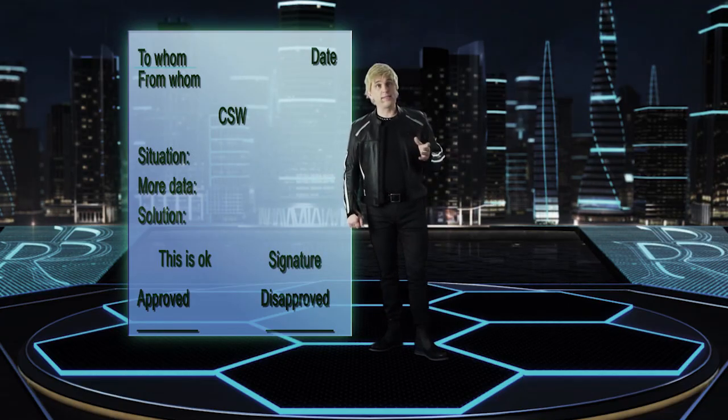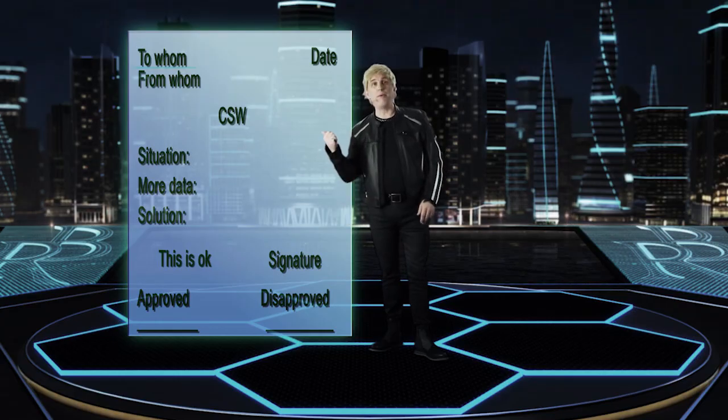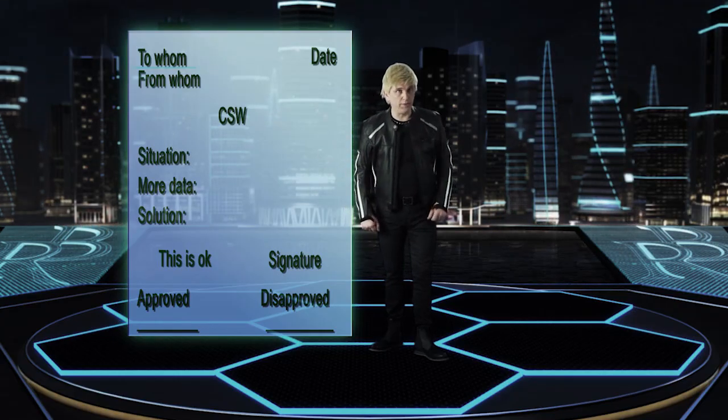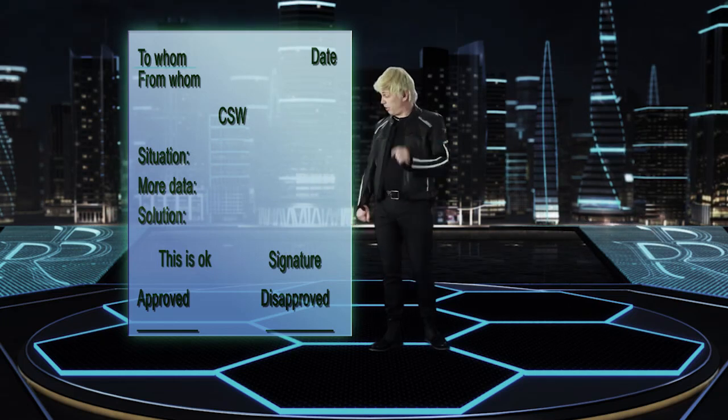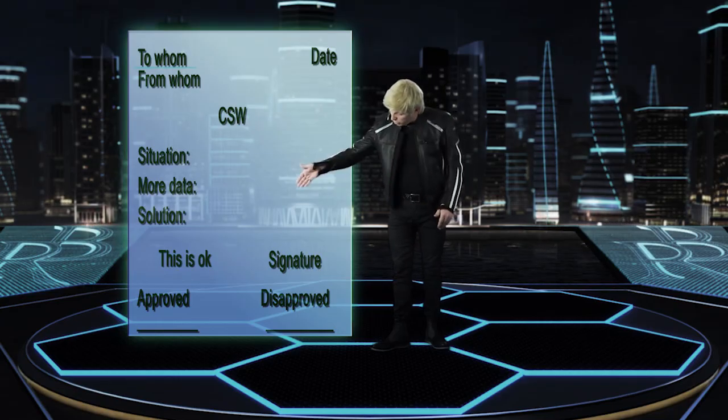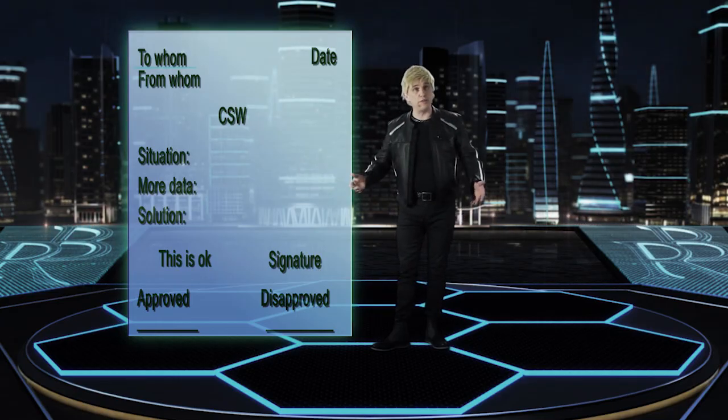Pay attention to the fact that in the definition it said that this type of communication was to have complete enough data that the executive would only have to put his signature where he deems necessary, approved or disapproved, and that's it.